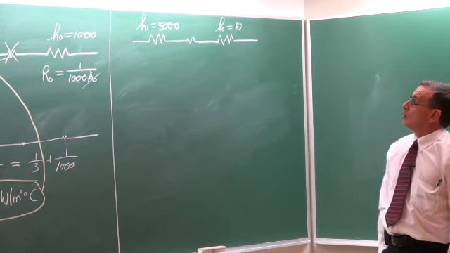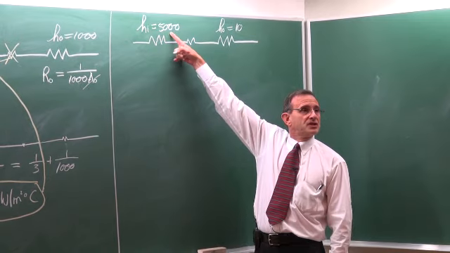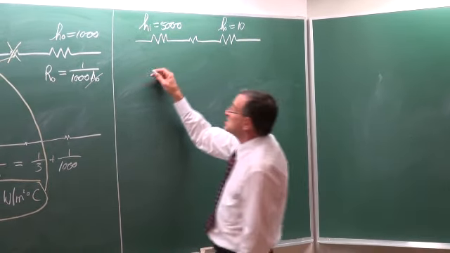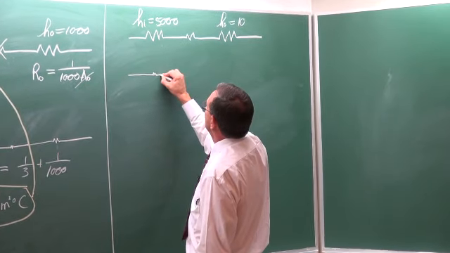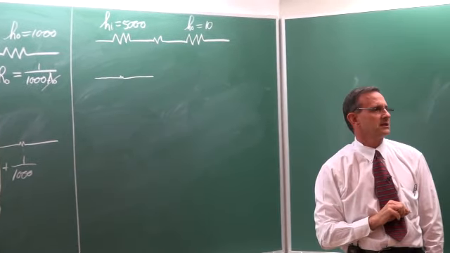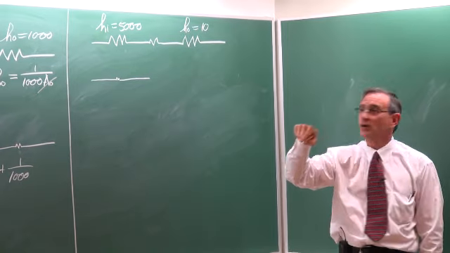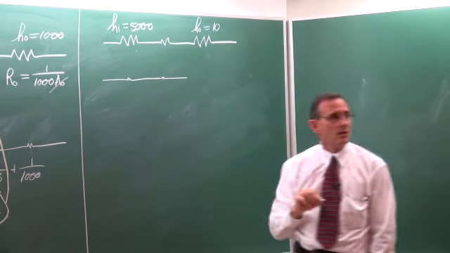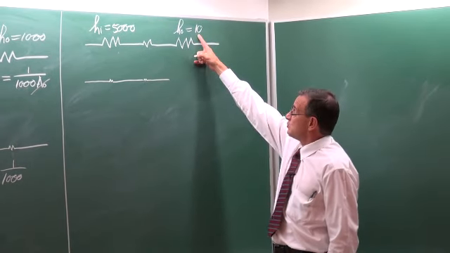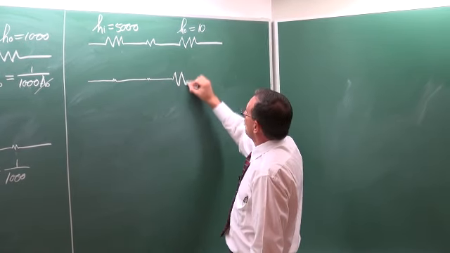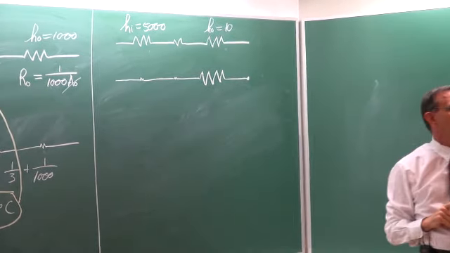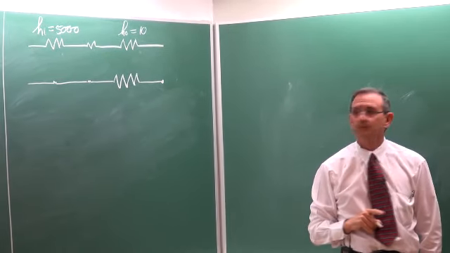When you see a 5,000 in comparison with 10, it means that the resistance of this term is very, very small, isn't it? Because it's 1 divided by 5,000. This resistance is also very, very small. This one is the smallest of all of them, so all the resistance for heat transfer lies in that element, on that side.